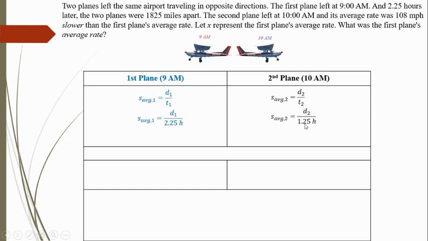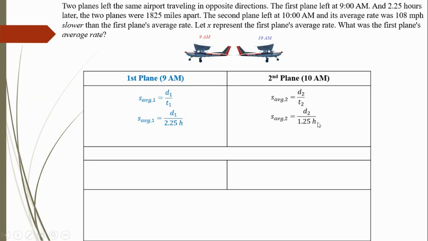What I do know though is that the time that the second airplane has been in the air is 1.25 hours. Now if you're confused as to where this 1.25 hours came from, that's because the problem tells us that the time of the first airplane is 2.25 hours, but the second airplane left an hour later.